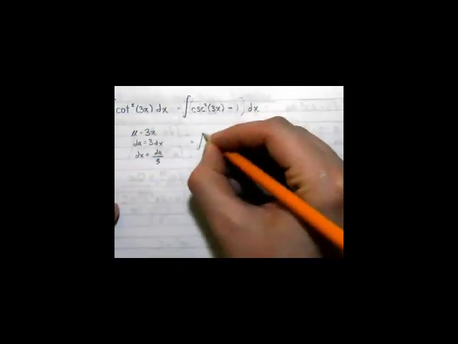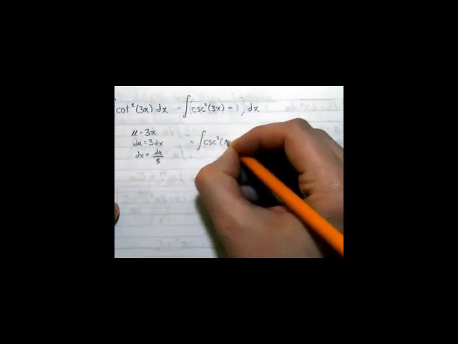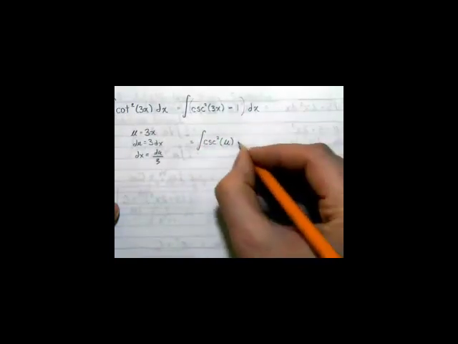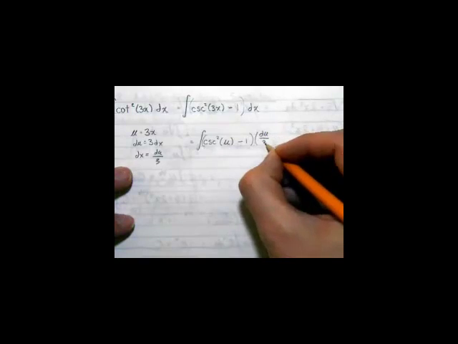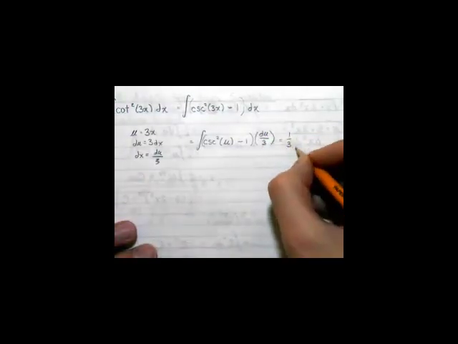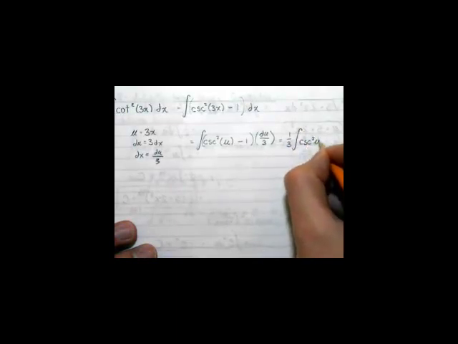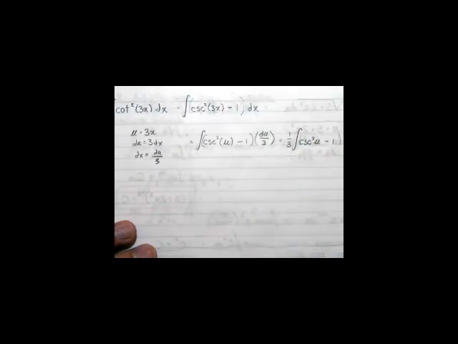So we've got the integral of cosecant squared u minus 1, and then dx is du over 3. So we've got 1/3 in front. So it looks like that.